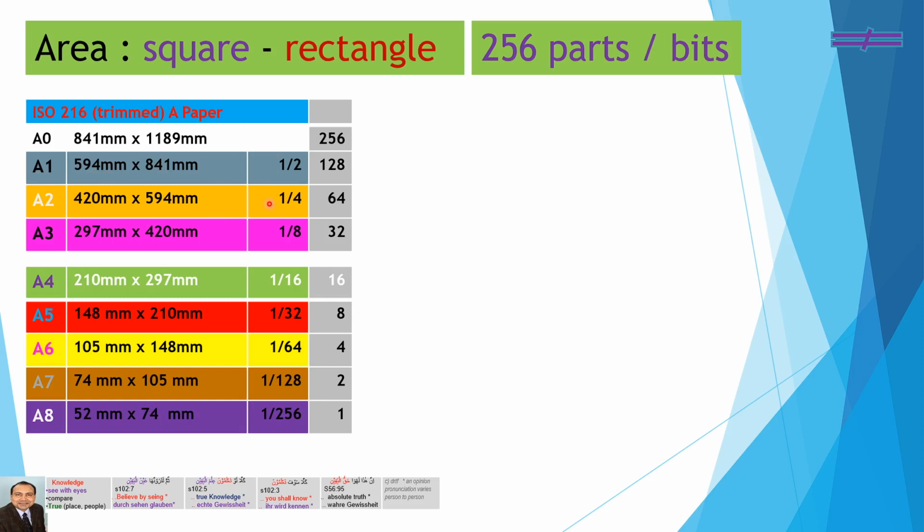Now you got 1/4. Then divide again by 2, you will get 1/8. 1 divided by 2, then you divide by 2 again.